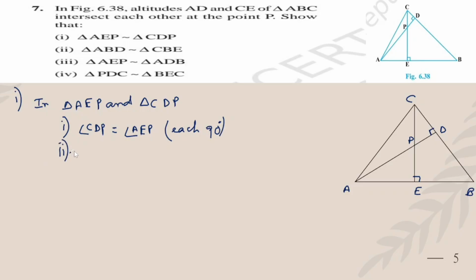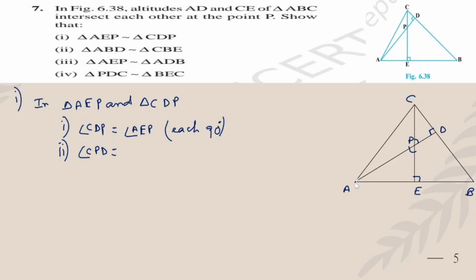Next, condition 2. See here, these two angles are vertically opposite angles. So angle CPD. We are indicating this angle, so we write CPD. Sometimes people write CPD and PCD as the same, no. If the angle is at P, then P should be in the middle.